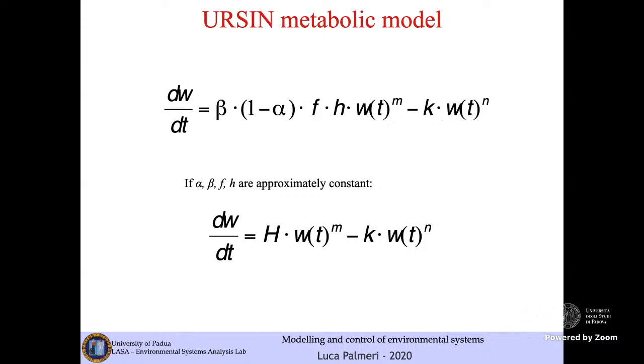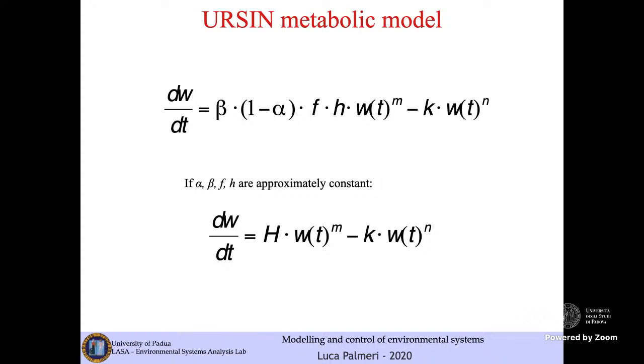We put all this together and we end up with a mathematical model that is a first order non-linear differential equation. First order because we have only the first order derivative in time of the biomass of a fish.